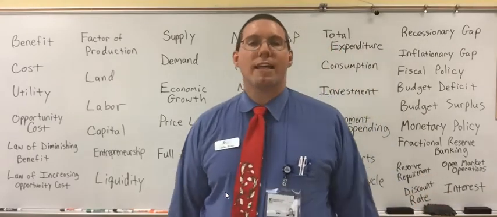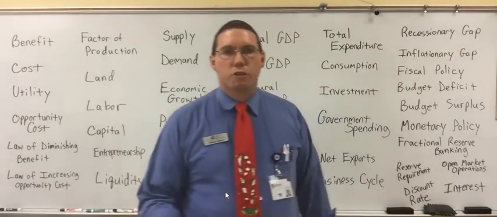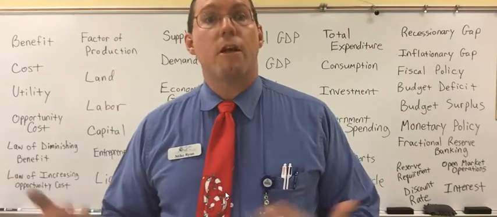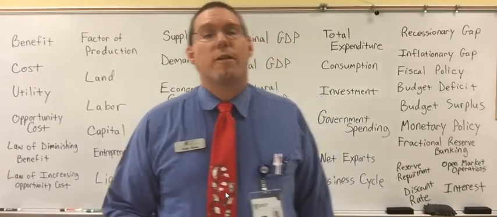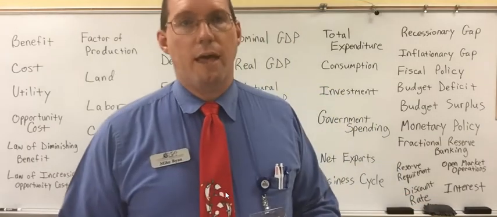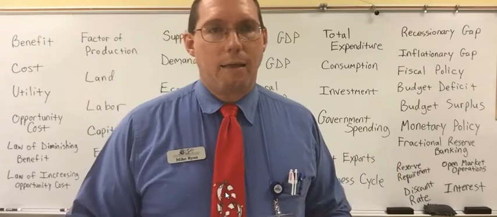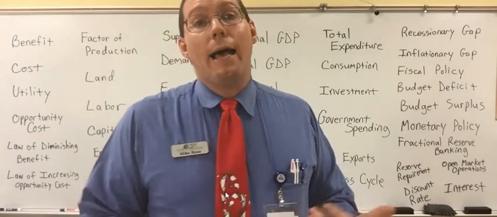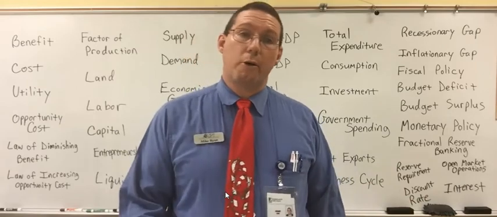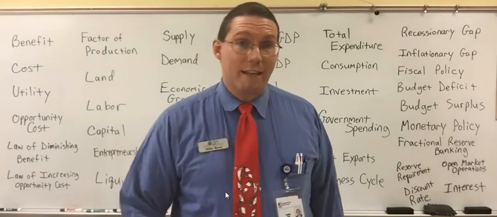What is interest? Well, I mentioned before, the discount rate is the interest rate that the Federal Reserve, or that the central bank, charges banks to borrow money. Well, what is interest? Interest, very simply, is the price of money. Okay, interest is how much money that people pay banks to borrow money. I don't have $10,000. I would like to have $10,000. So I go to a bank and I say, hey, would you give me $10,000 because you have $10,000?